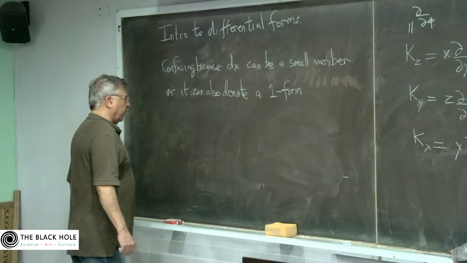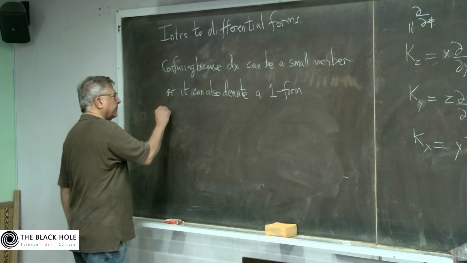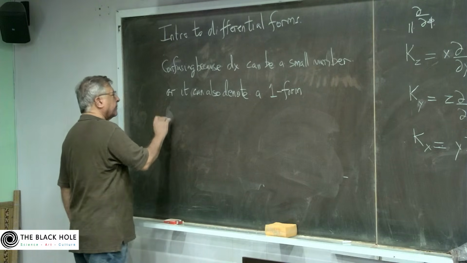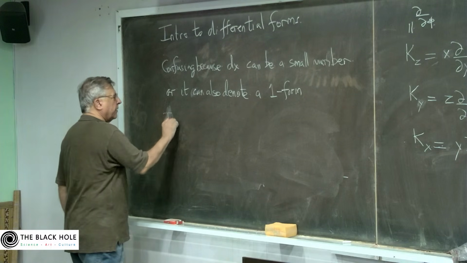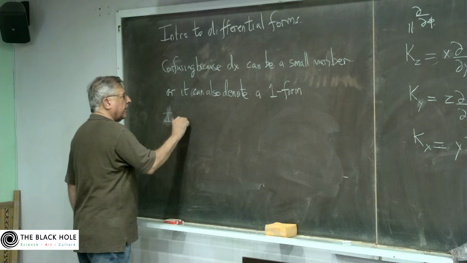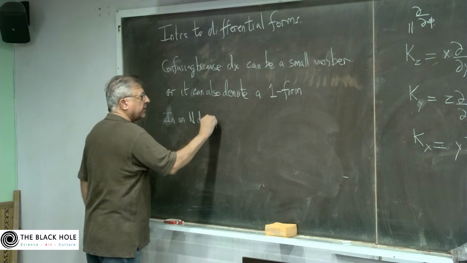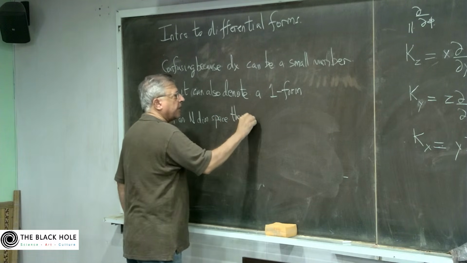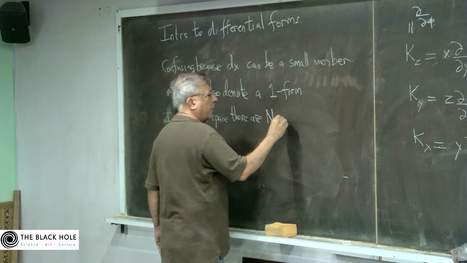First of all, let's start our discussion. In an n-dimensional space, there are n one forms.